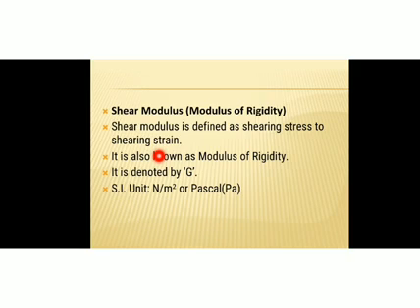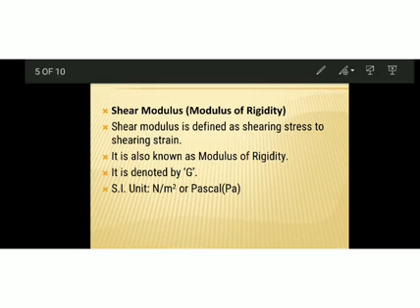It is also known as modulus of rigidity, and it is denoted by capital G. Young's modulus is denoted by capital Y, and shear modulus is denoted by capital G. Its SI unit is Newton per meter square or Pascal. For any modulus of elasticity, the SI unit will be Newton per meter square or Pascal. So the unit of Young's modulus and the unit of shear modulus is Newton per meter square or Pascal. Shear modulus is defined as the ratio of shearing stress to shearing strain.